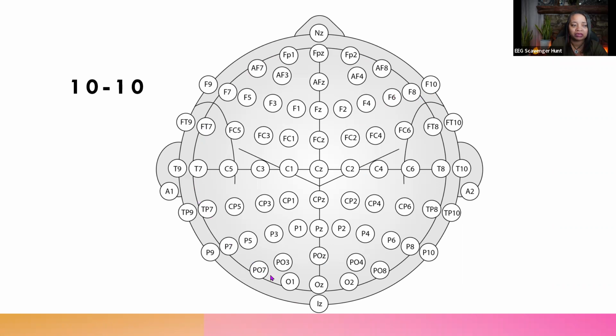You're going to be able to see differences over smaller regions, and this might be helpful if you think someone has a midline focus or a frontal focus or some focus that you want a little bit more information about. Maybe you're doing some surgical planning, and they do make caps that have 256 electrodes. So there's always room for more on the scalp to get a little bit more information.